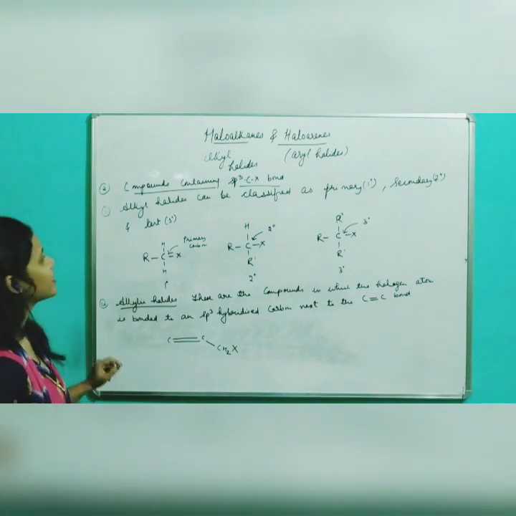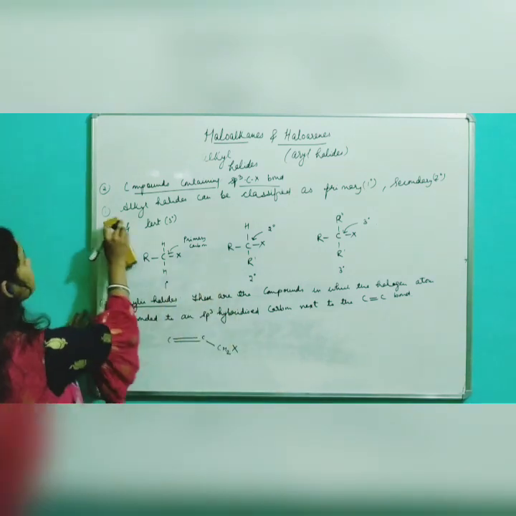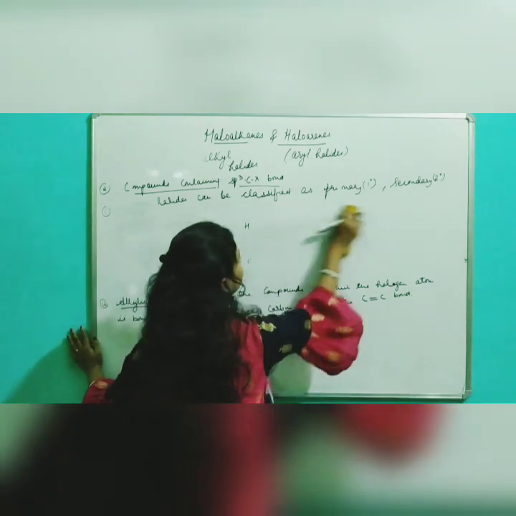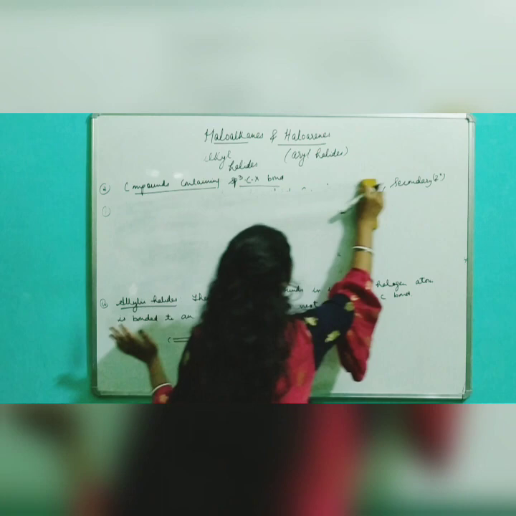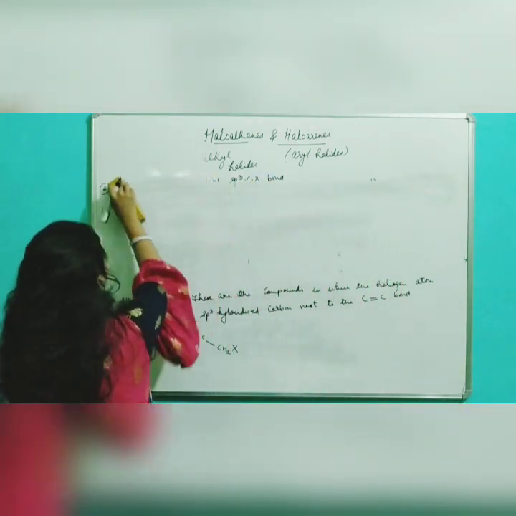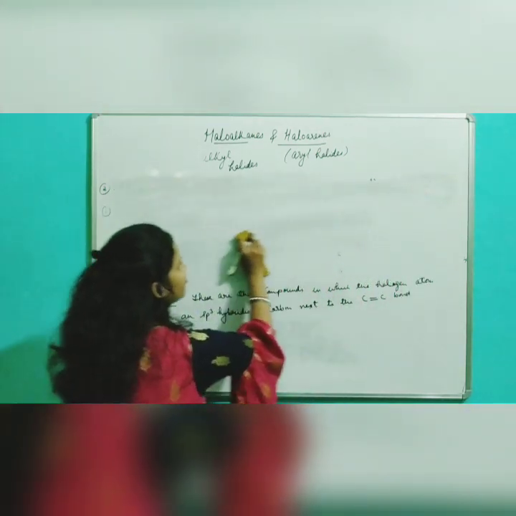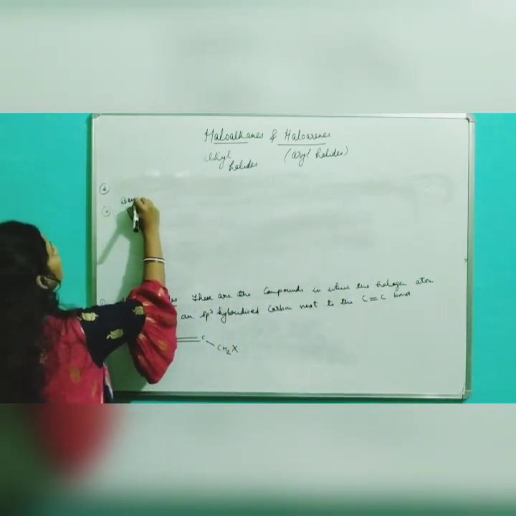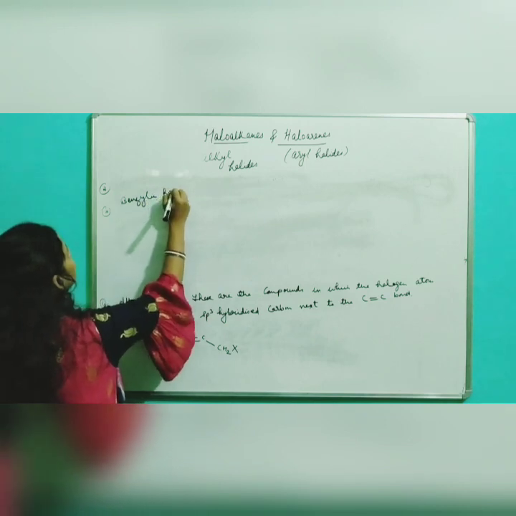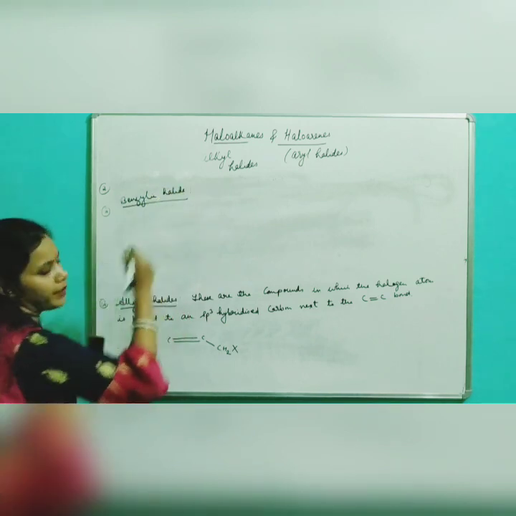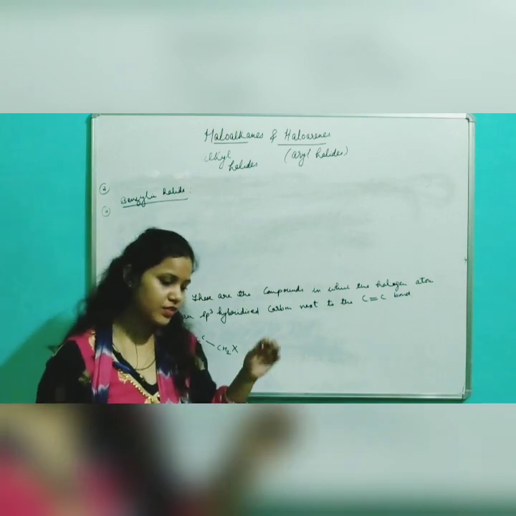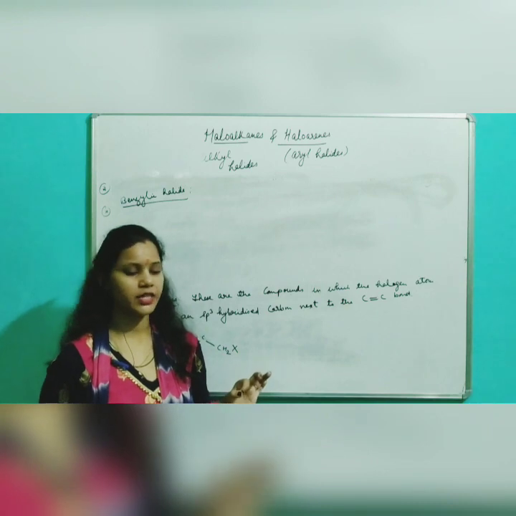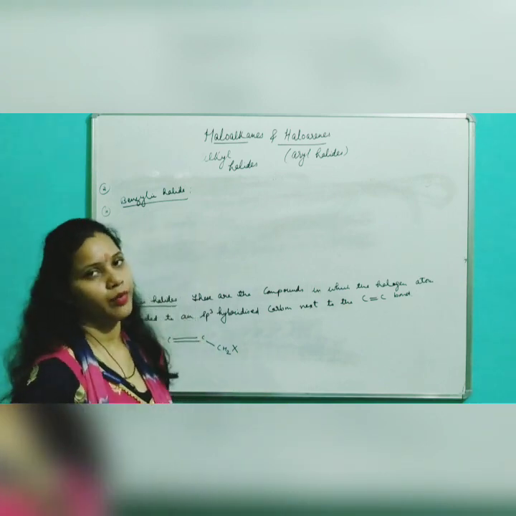Then third is the benzylic halide. What is a benzylic halide now? Benzylic halides are the compounds in which the halogen atom is bonded to an sp3 hybridized carbon atom next to an aromatic ring.